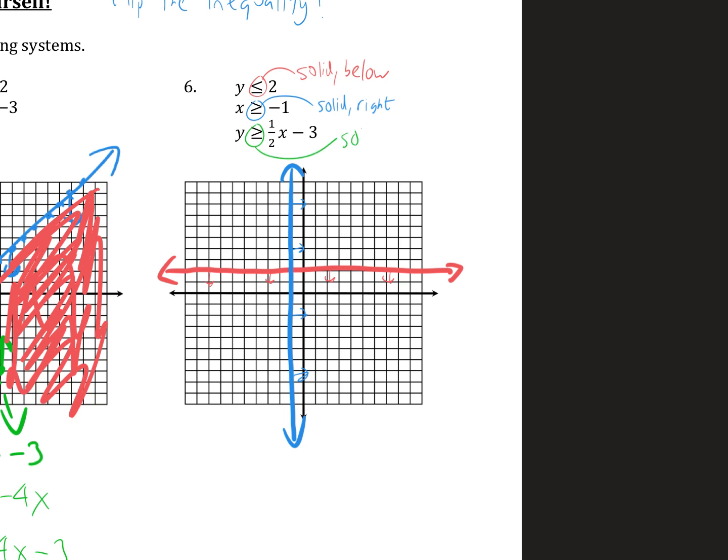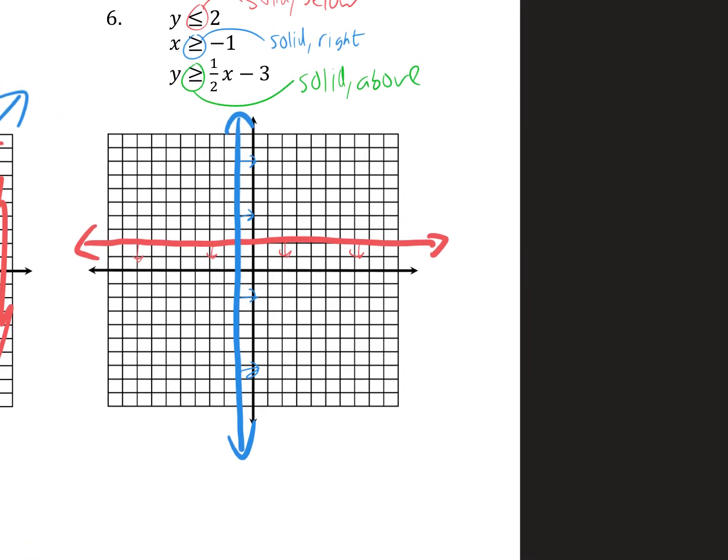This is going to be solid and above. Okay. So we're going to go down 3, put a point. We're going to go up 1, right 2, all the way across. Down 1, left 2.